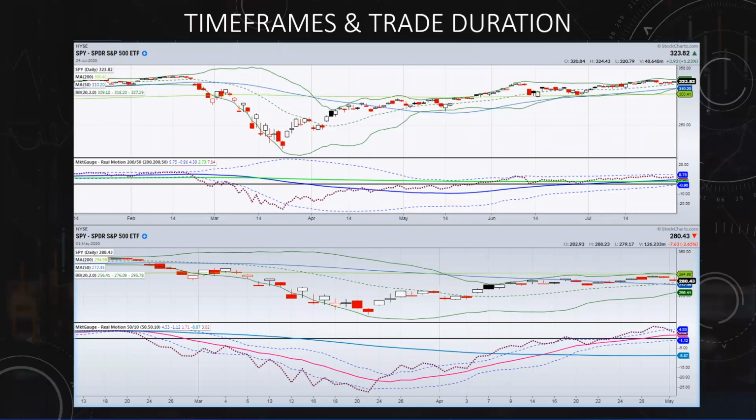Okay, so here's a perfect example of looking at the S&P, going back to 2020. One thing you can see is you get a big difference in the reading between these different settings.